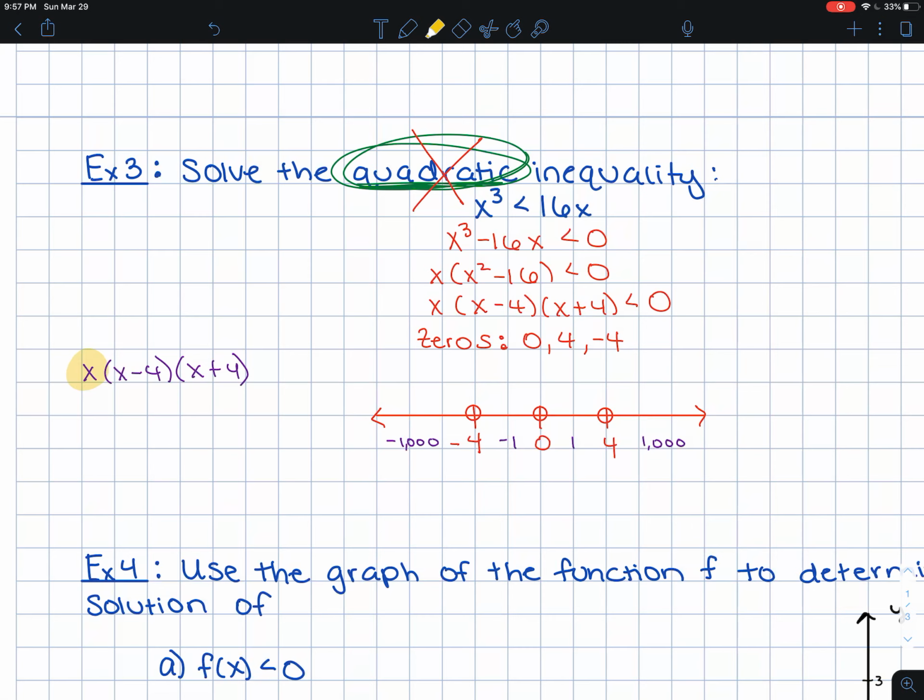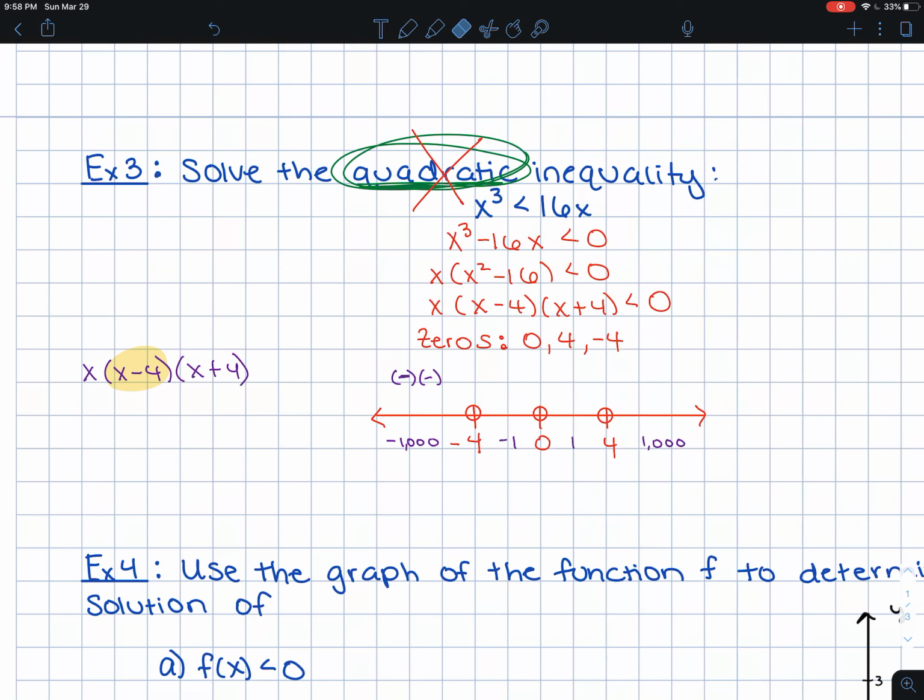So this is what we're going to do. We're first going to plug in the negative 1,000 into the first factor x. If I plug it in, I get a negative value. Next, I'm going to plug in the negative 1,000 into the second factor, the x minus 4. So negative 1,000 minus 4 is negative again.